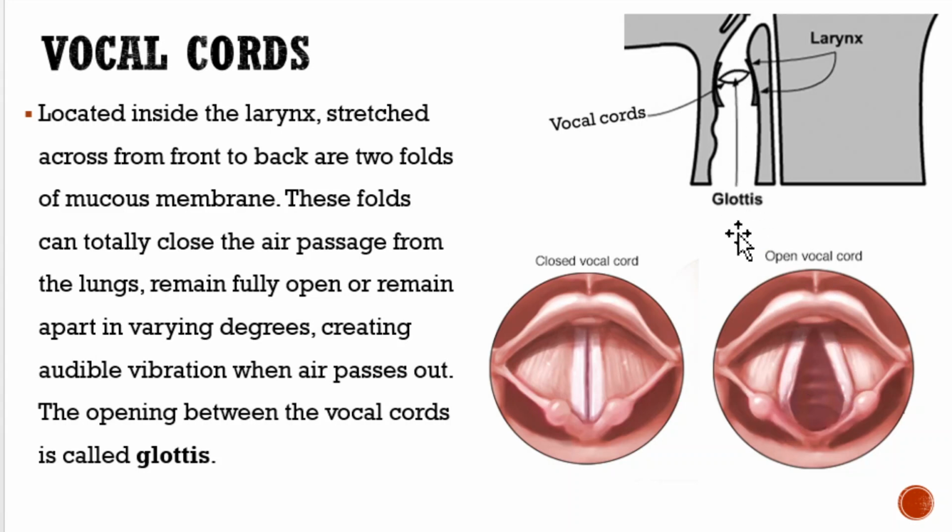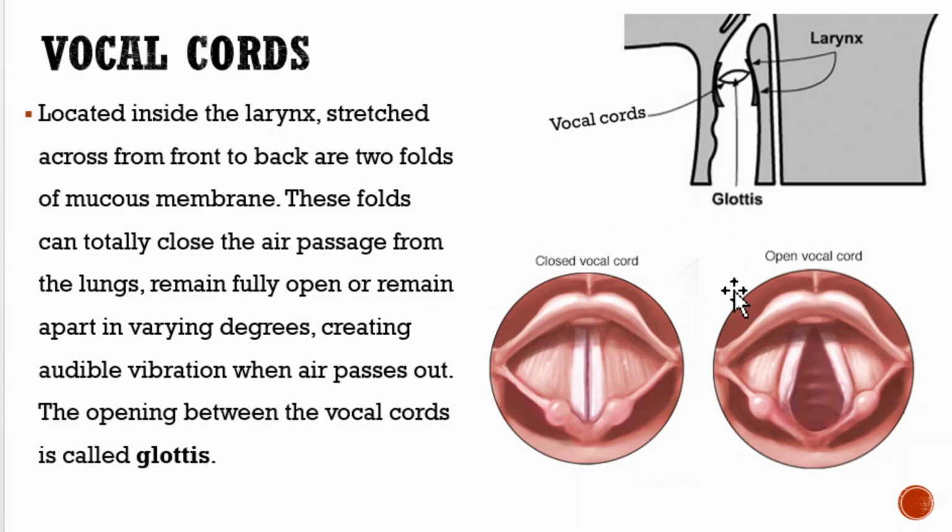As the air passes out, it passes through the vocal cords. It either passes freely or with obstruction. When there is obstruction, there will be vibration of the vocal cords. Depending on this, your voice is first modulated in your larynx.